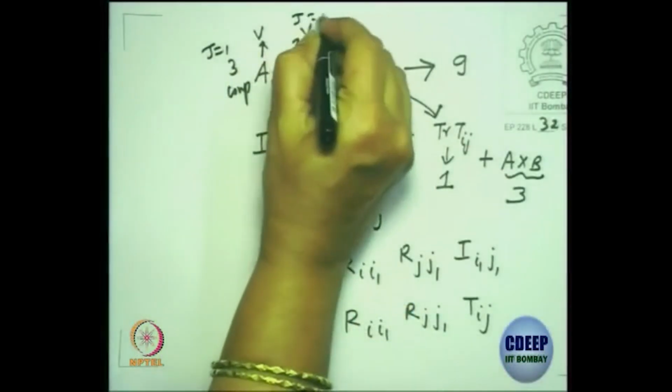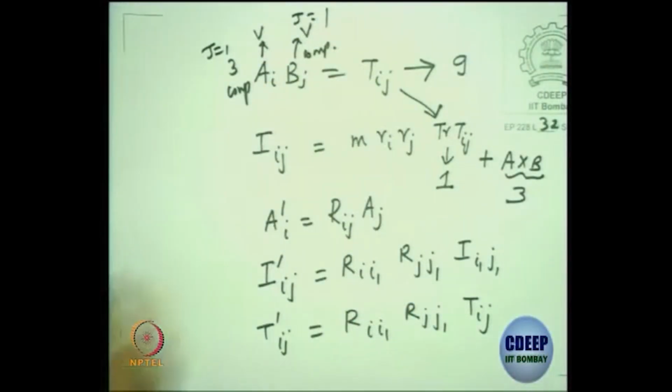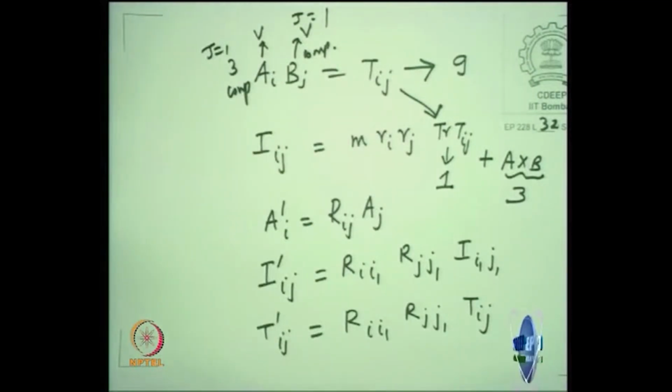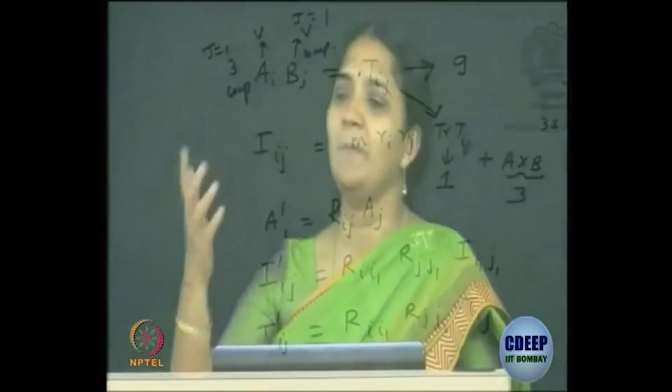So these are j equal to 1 and j equal to 1 because they have 3 components. When you combine two operators of j equal to 1 and j equal to 1, what are the possibilities we saw in angular momentum combination? You have to get j equal to 1, j equal to 2, j equal to 0. That's exactly what I get.